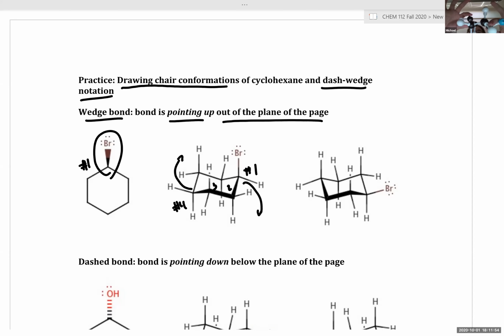So we have carbon number 1 pointing up and carbon number 4 pointing down. Now when we redraw our chair conformation, we have carbon number 1, 2, 3, 4. And as we notice, is this bromine still pointing up?